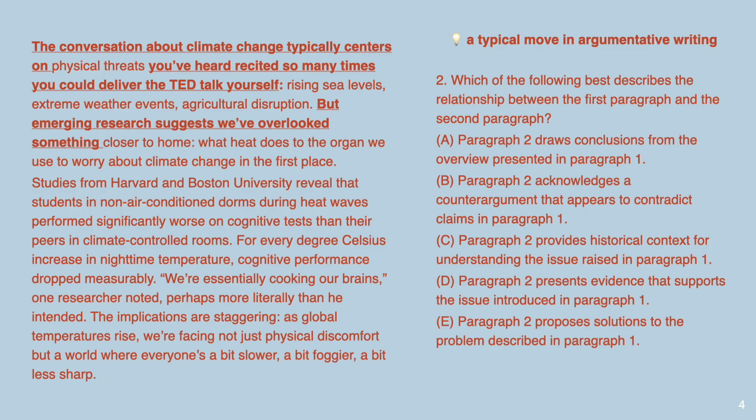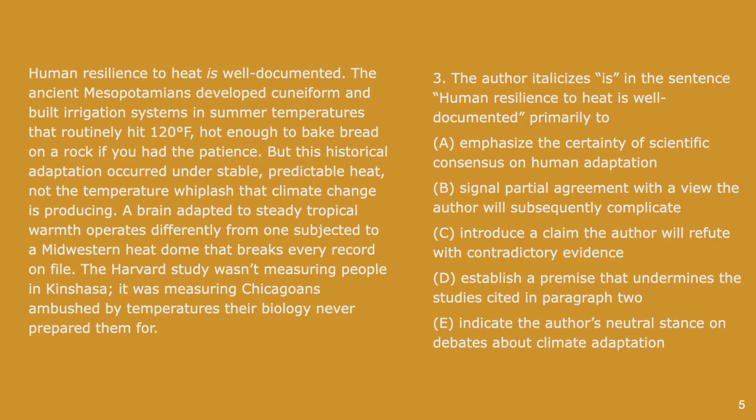Establish a claim that climate change's cognitive effects have been overlooked and present the evidence to back up that claim, which is the Harvard and Boston University studies in paragraph 2, so the correct answer is D. Again, don't waste your time on POE. You should anticipate the correct answer as you read the question. Cool, let's move on to the third paragraph and the third question. Pause the video if you need to.